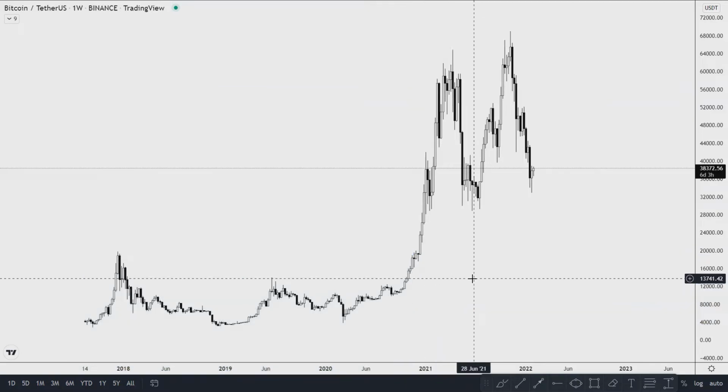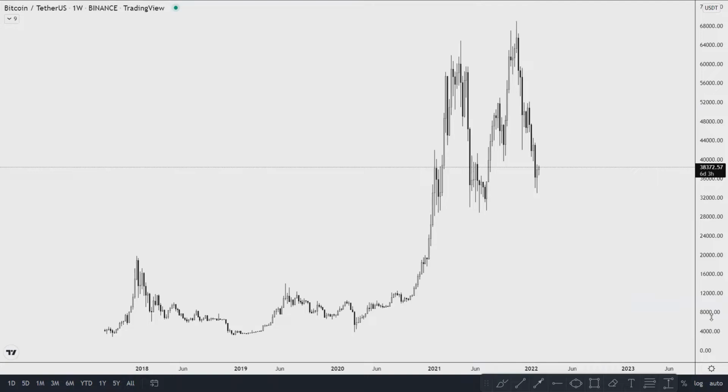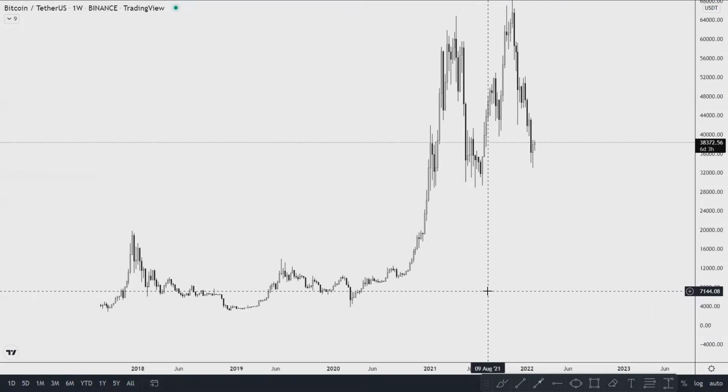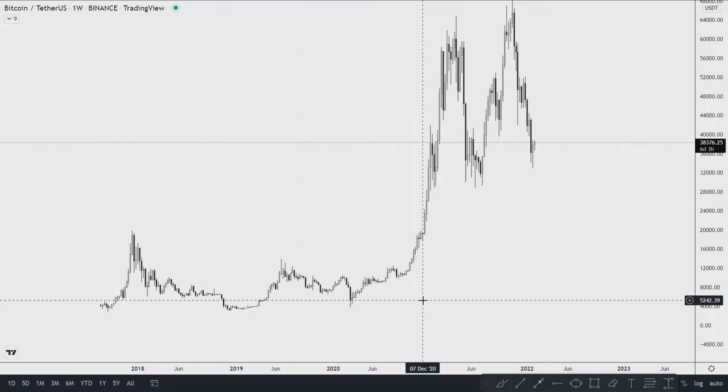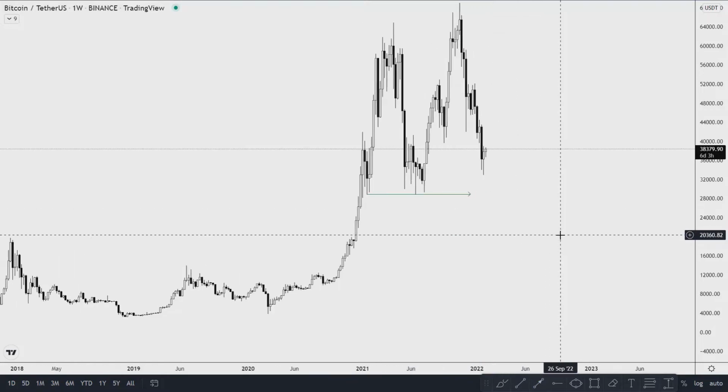So currently, I trade or look at Bitcoin the same way I do with Forex. And two places my eyes are drawn to, first off, is right here. So just identifying that liquidity.